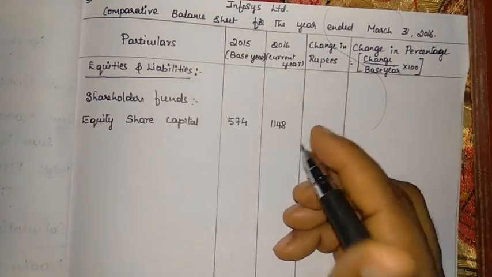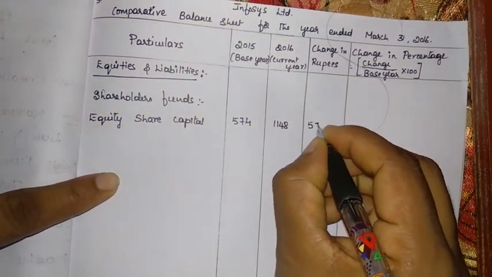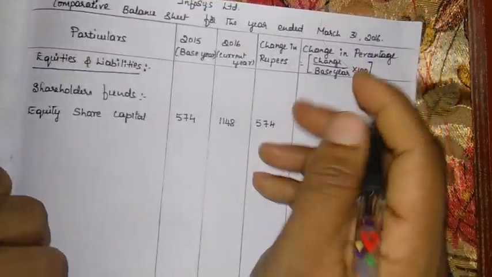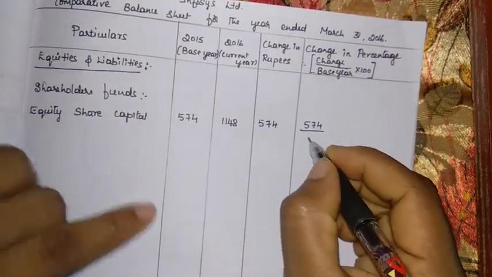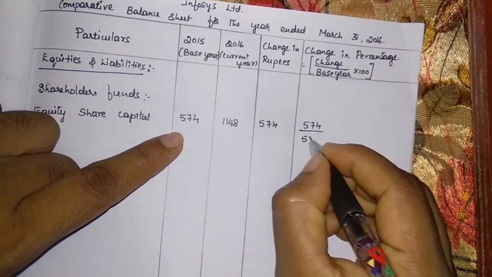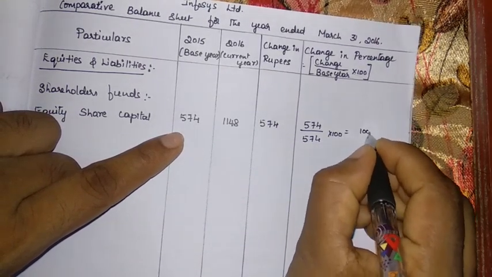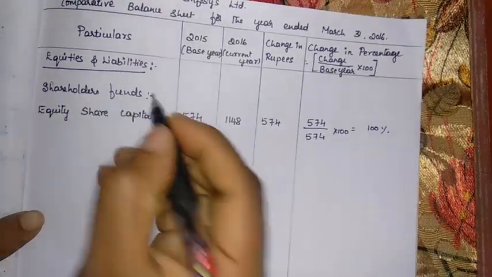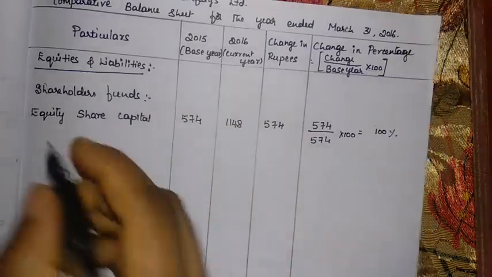So there is an increase in equity share capital by 574. So changes in percentage is 574 divided by base year value 574 into 100. So change is 100%.